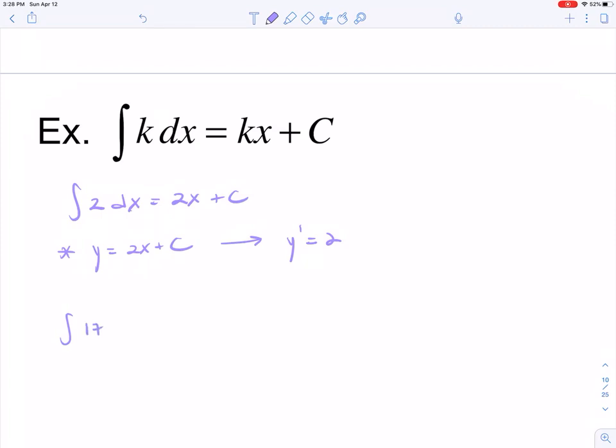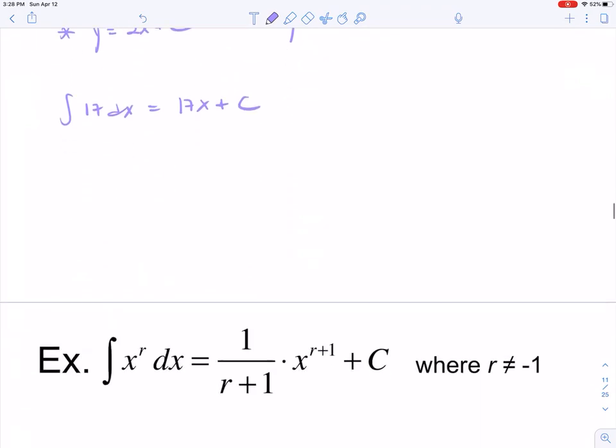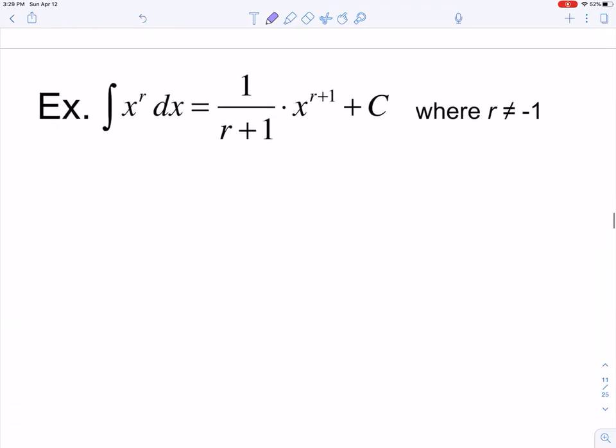Or if we want to integrate 17 with respect to x, the integral would be 17x plus c. Again, the derivative of 17x plus c would just be 17.